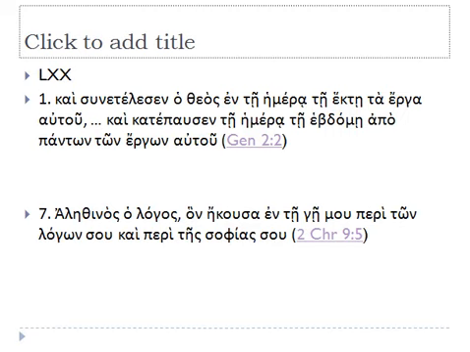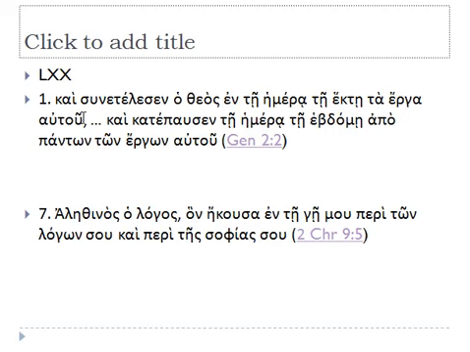Some sentences from the Septuagint and the New Testament, just to keep it real, as it were. Kai sunetelesen ho theos, en te hemera te hekte, ta erga autou. Kai katepausen, te hemera te hebdome, apo panton ton ergon autou.